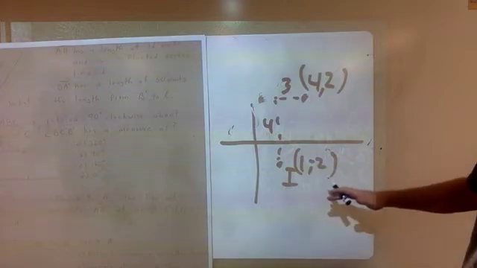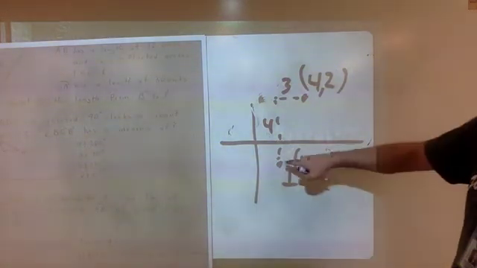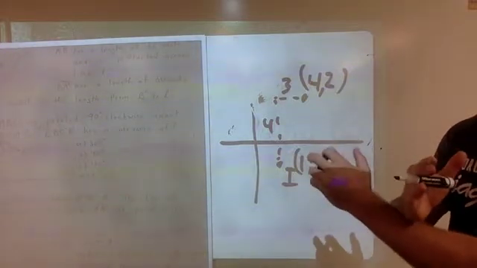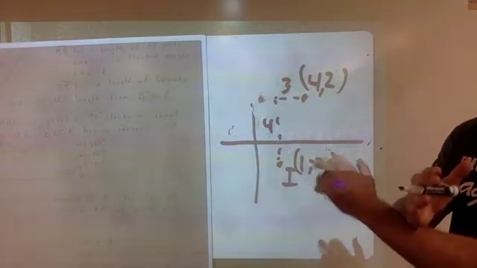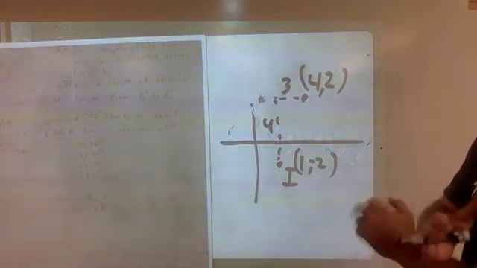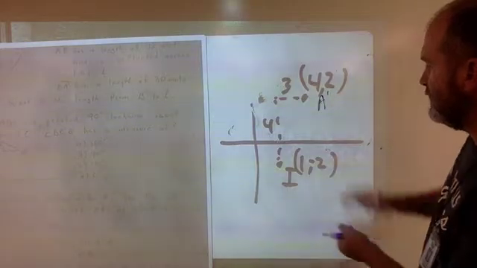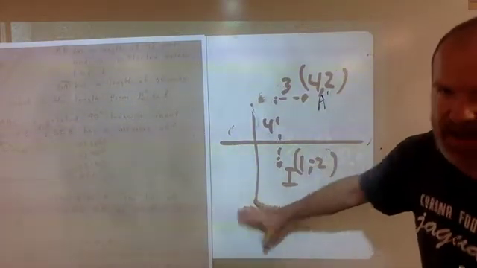And which one of those points is on the line of reflection? I. They tell you I is the intersection of the line of reflection and the line AA prime. So it's on the intersection, it's on the line of reflection. That means this point A prime up here must have started on the other side of this point.